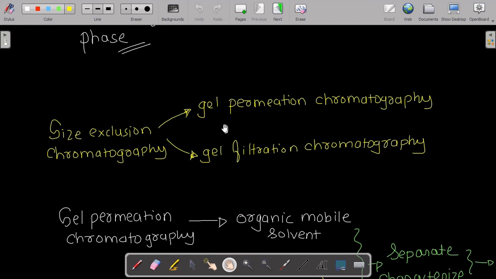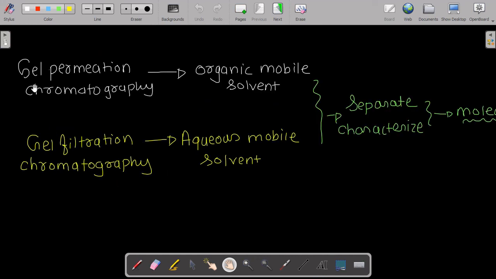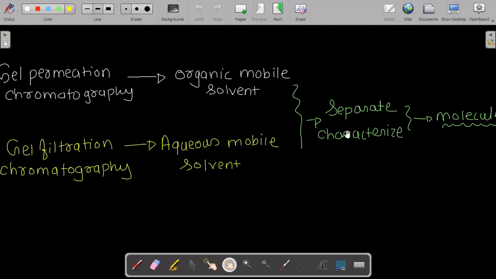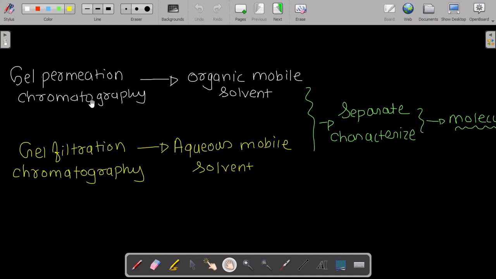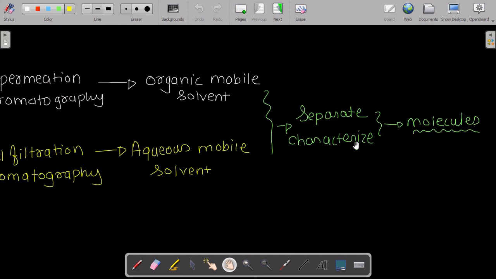Gel permeation chromatography uses an organic mobile solvent, and gel filtration chromatography uses an aqueous mobile solvent to separate and characterize the molecules.